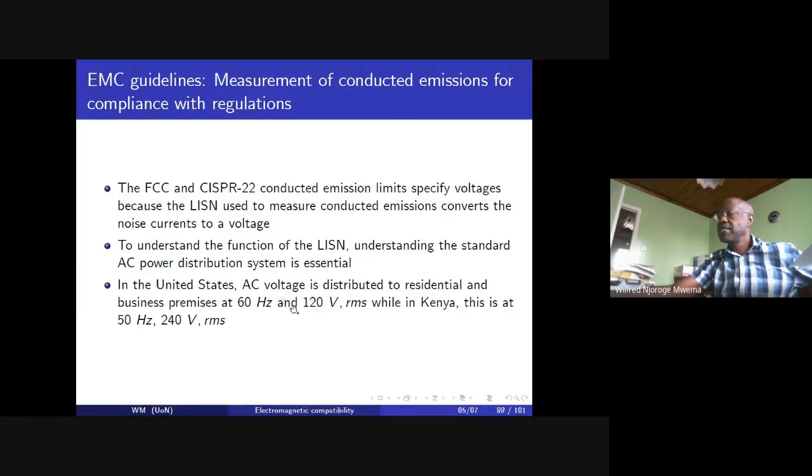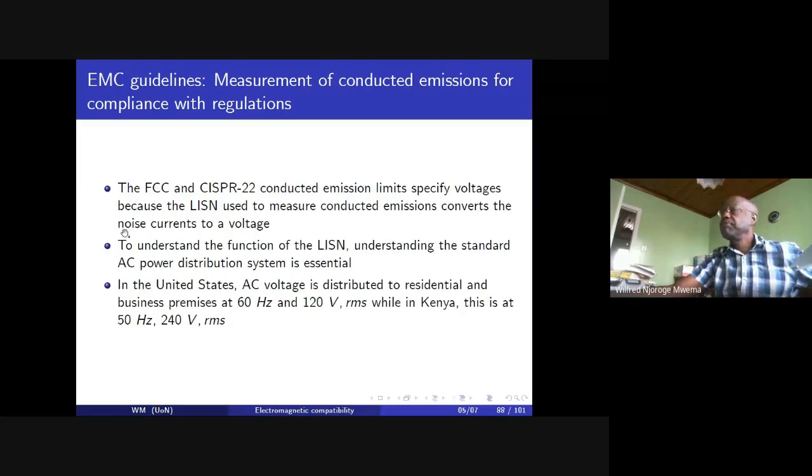Usually they will be put as line to line or single phase, or they will be put line to line, that is, you get something like 240 between the lines. In Kenya, our value follows the British value, that is, we have a frequency of 50 hertz, plus or minus 1%, and a value of 240 volts.